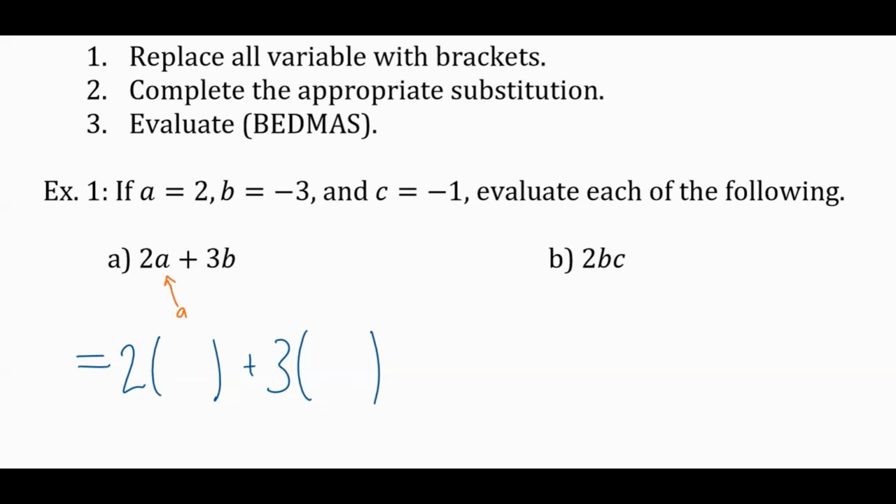By the way, when you see 2A, what does that mean? Multiplication. Nice, multiplication. It means 2 times A. That's what 2A means. And this means 2 times the bracket. We don't need to write it, but it's like there's a little multiplication symbol in there.